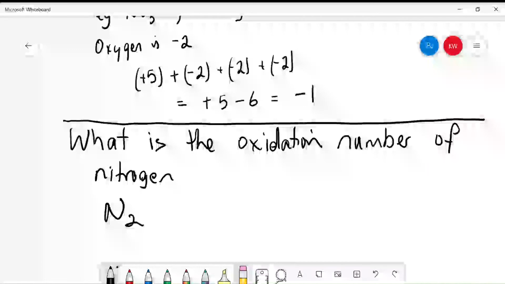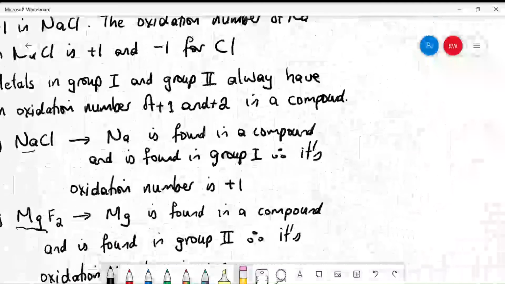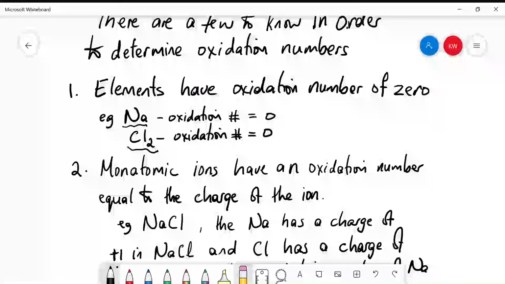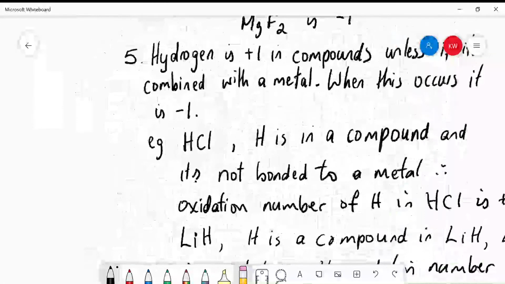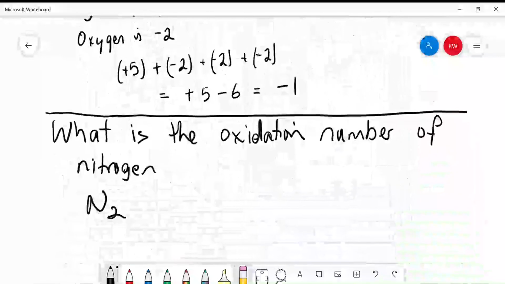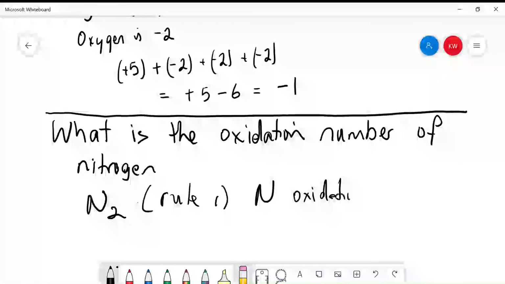N2 is an example of an element, so we'll look at our rules, all the way to rule number 1. Elements have an oxidation number of 0. So using rule 1, nitrogen's oxidation number is equal to 0.